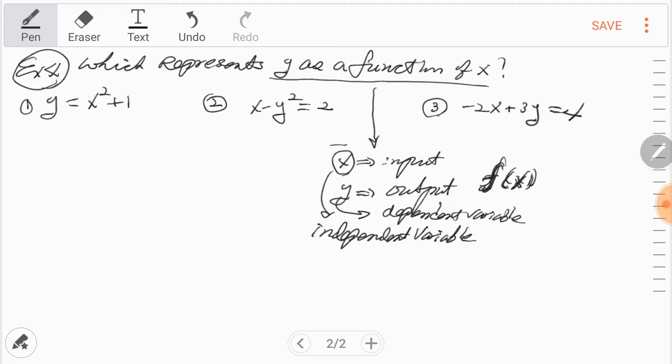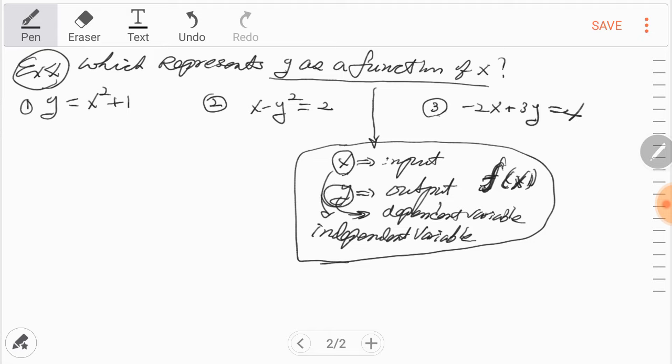All right. So function of x means x is an input, and f of x, which is y, is the output. The input variable x is called the independent variable, and y is called the dependent variable, because the y value, the output, depends on the input x.